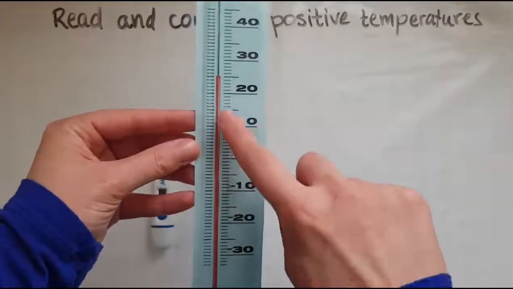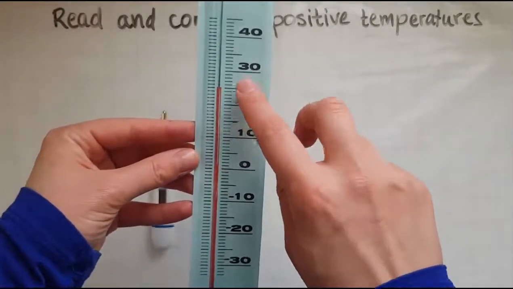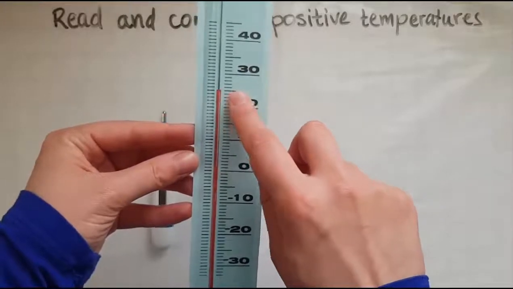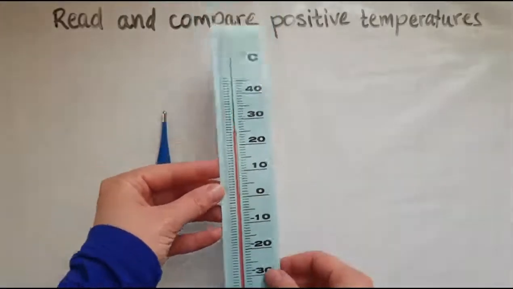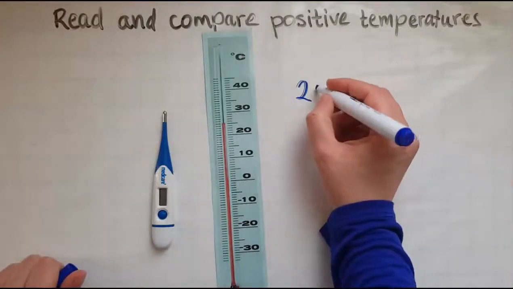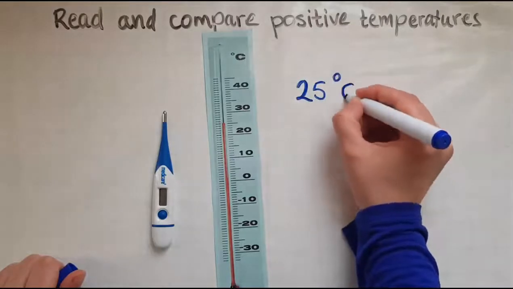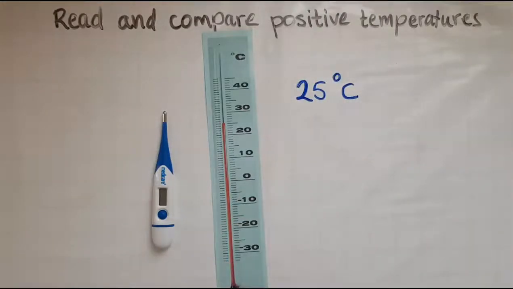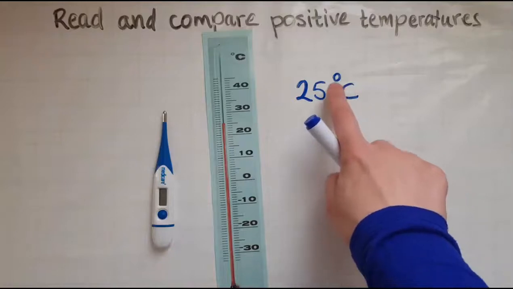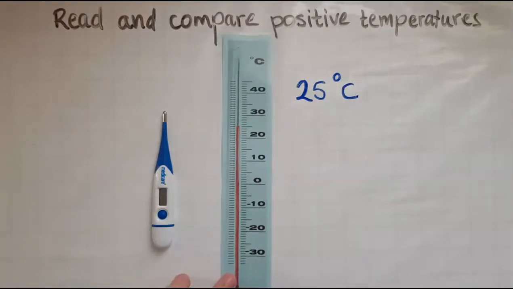If you can read the temperature currently, that is in between 20 and 30, so that is 25 degrees Celsius. I'll write that down: 25 degrees Celsius. That's the short form for Celsius, and that's the degree symbol. So this is 25 degrees Celsius.